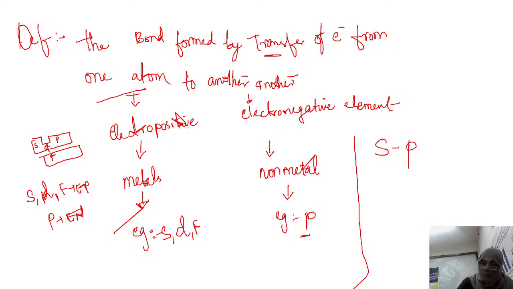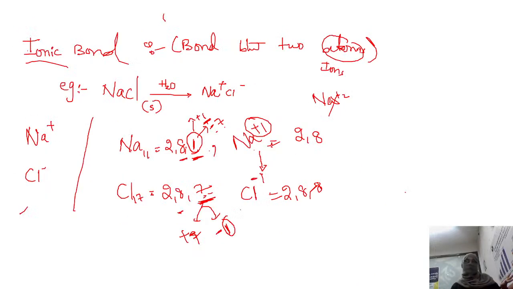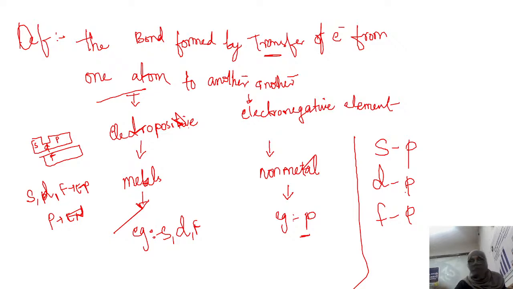That means the bond between S and P is known as ionic bond. Any D block you take, mix with any P, the bond is ionic. Take any F block, mix with P block element, the bond is ionic. You can have many examples of ionic bond, not only NaCl. You can make your own examples just by mixing S with P, D with P, F with P. That's all about this definition actually.